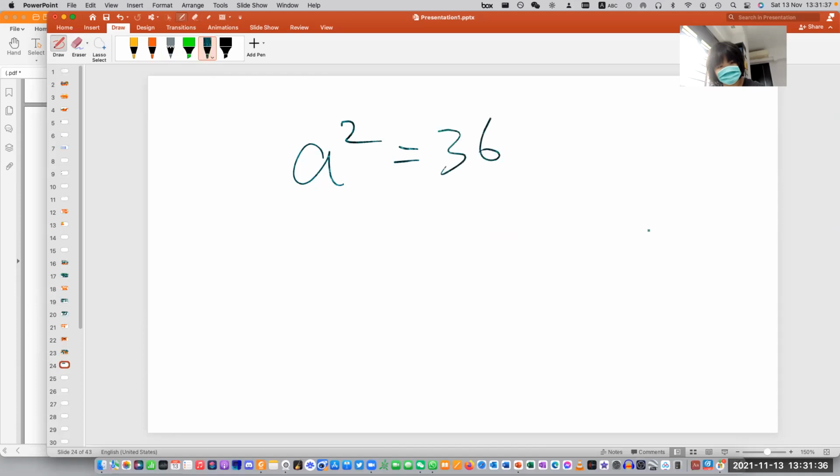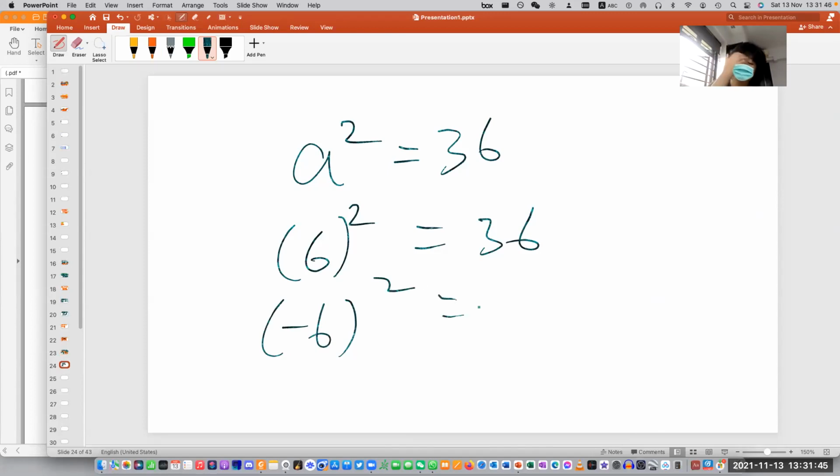It's 36. So you can test. 6 squared is 36. Negative 6 squared is also 36. Can you test this in your calculator?